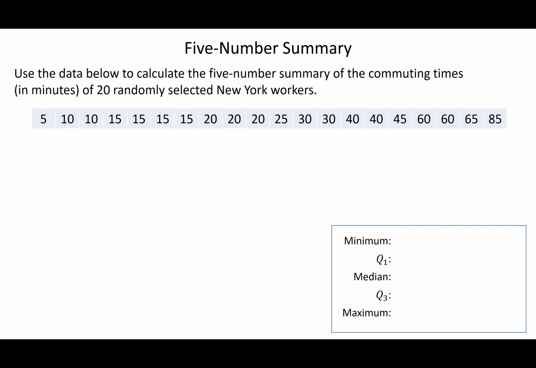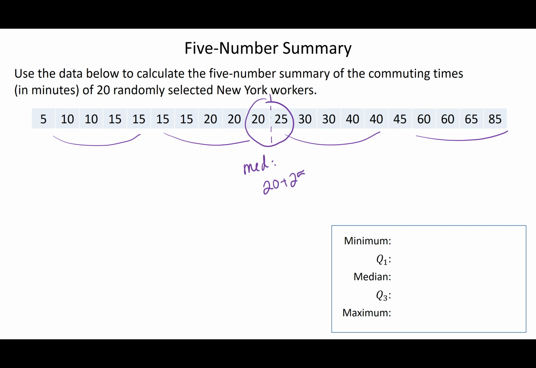So if I have 20 randomly selected workers, that means if I fold it in half, I think it's right around here. Count, that's 5, 5, 5, 5, yeah. So my median is going to be the average of 20 and 25, so it's going to be 22.5.